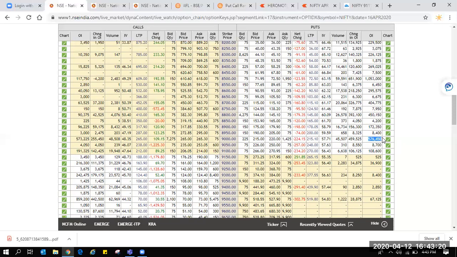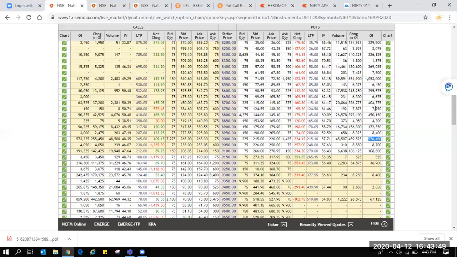But as we have worked together, we have seen many times that smart money is also buying options, but it has to be stock specific. But for the majority of the stocks, or strikes, especially in the index, it's purely writing. So we can see the second support coming up at 9,000.